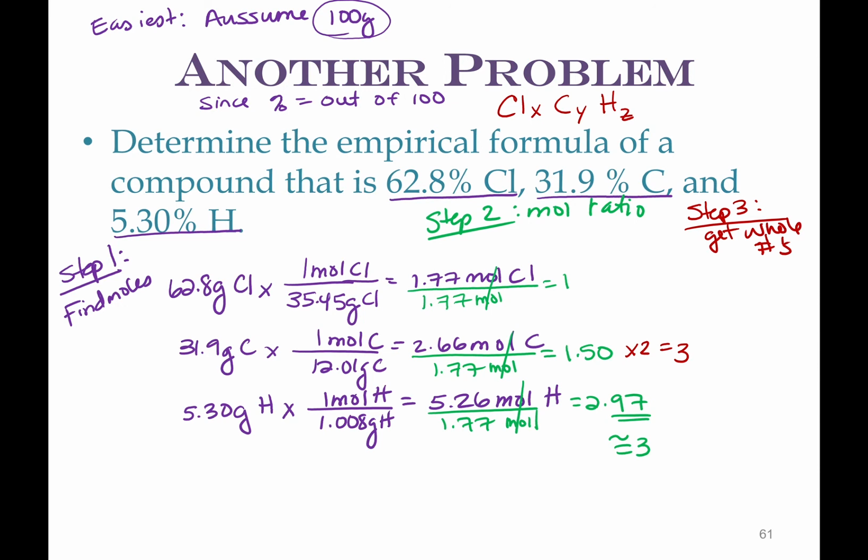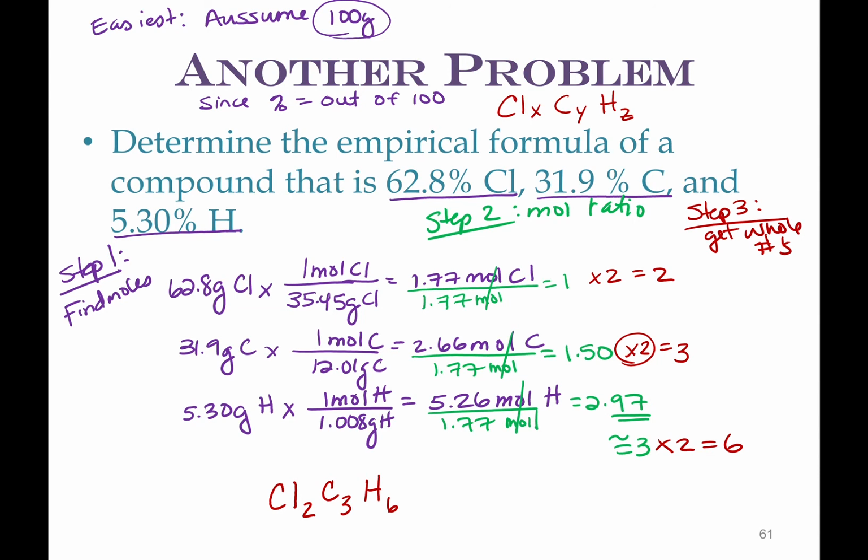You don't believe me? You can check it. If I multiply this one by 2, I have to multiply everything else by 2. So I multiply this one by 2, and I get 6. So my formula would be Cl is 2, carbon is 3, and hydrogen is 6.